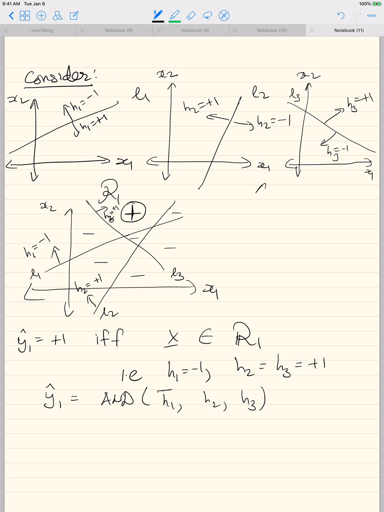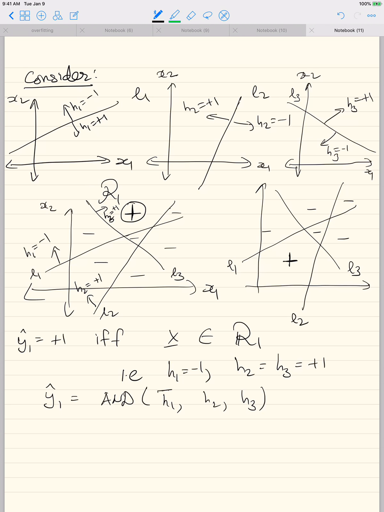Similarly, let us look at another decision rule of the following form. We want only this part to be plus and all other regions to be minus. So this is the region R2. So we want y2 hat to be +1 if and only if x belongs to R2.